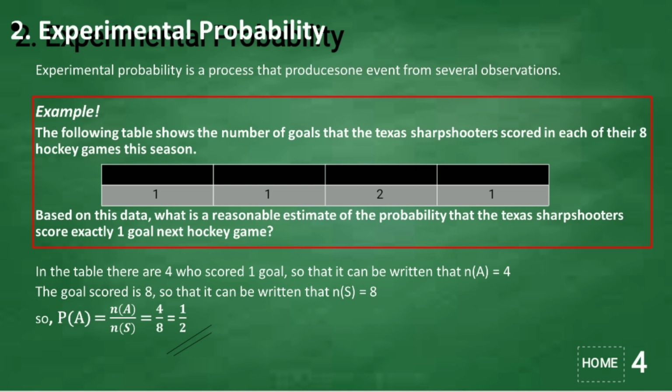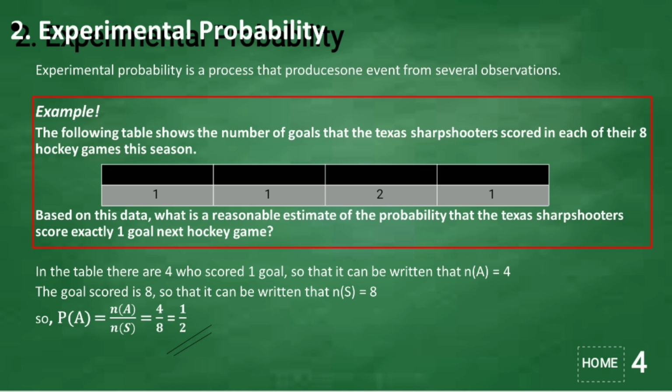The following table shows the number of goals that the Texas Sharpshooters scored in each of their 8 hockey games this season. Based on this data, what is a reasonable estimate of the probability that the Texas Sharpshooters score exactly 1 goal in the next hockey game?